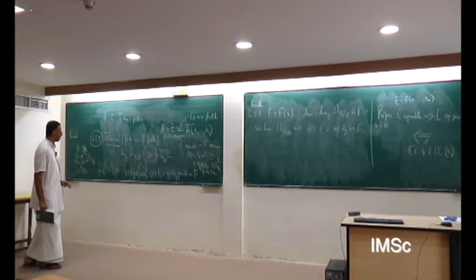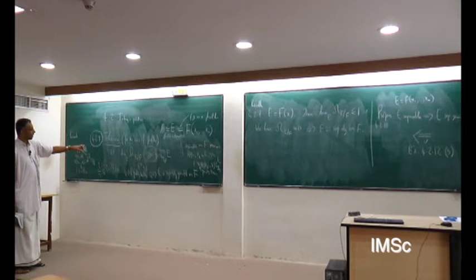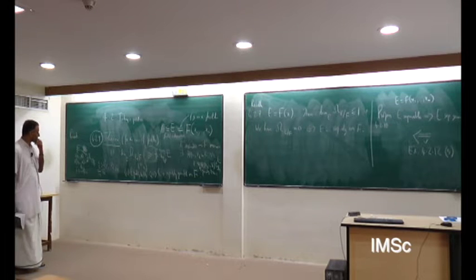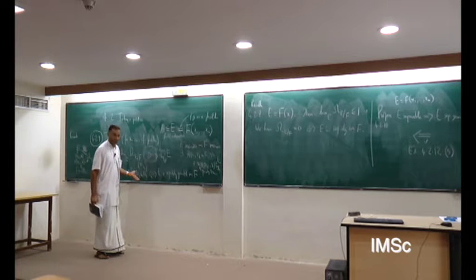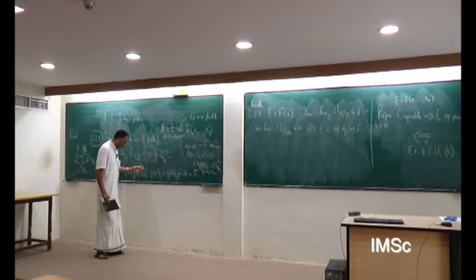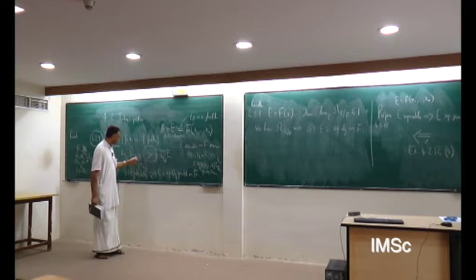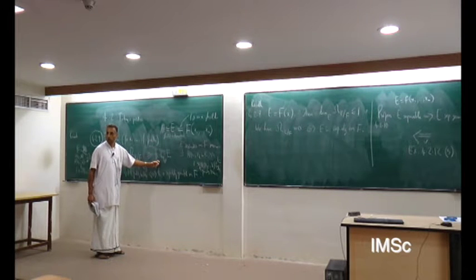Now let's see if 2 holds. Well, equality holds, and I can assume one of two cases. Let's prove this direction. There are two cases: when both are equal to 1 and both are equal to 0, right?